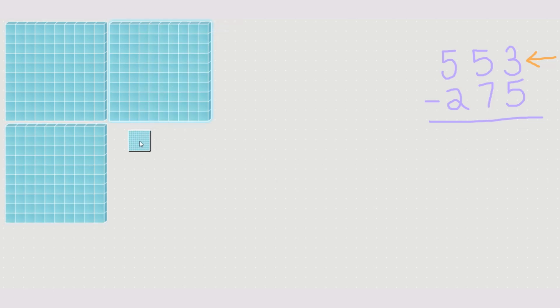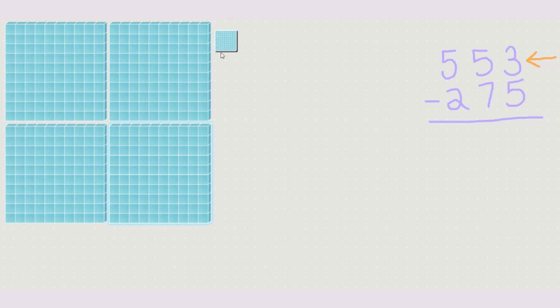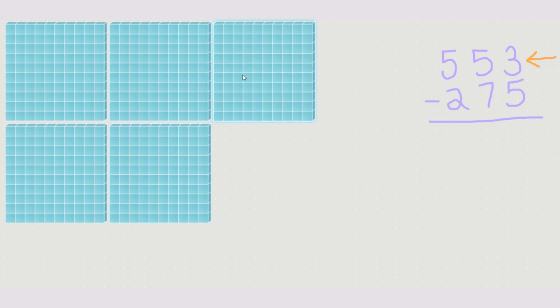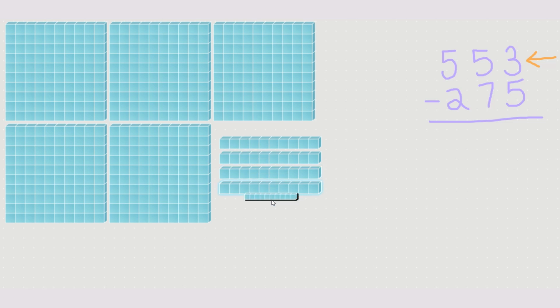3, 4, 5. I move to the tens place and I see a 5, so I have 5 tens sticks. 1, 2, 3, 4, 5. And I look at the ones place and I have 3 ones.